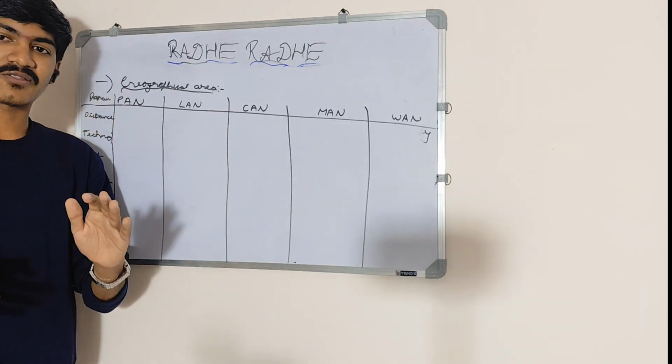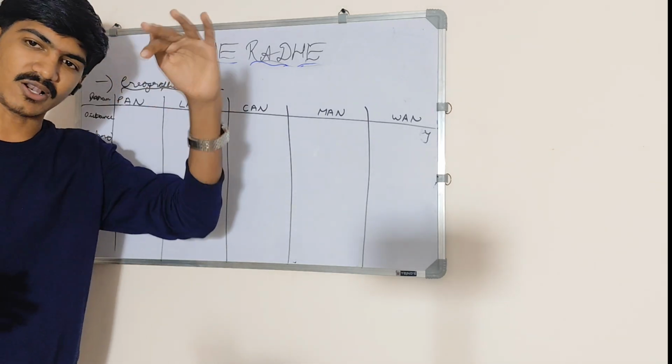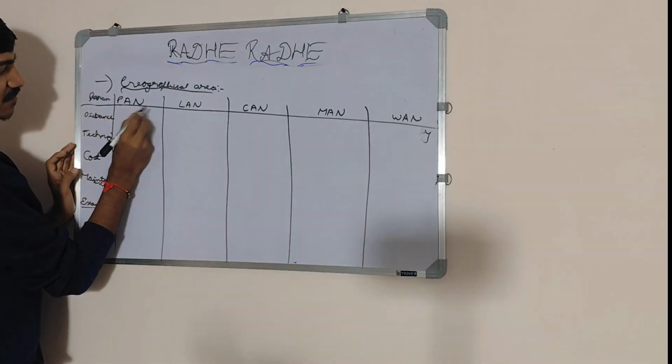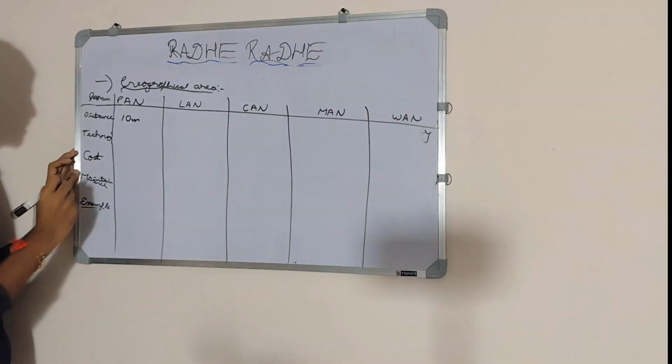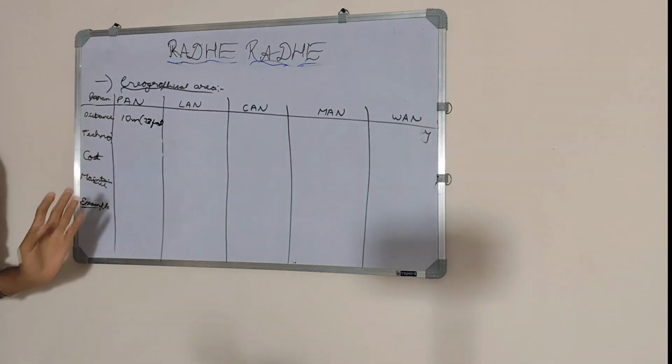Same thing for TV also. Infrared radiations cannot cross walls. The distance of a personal area network will be maximum 10 meters, about 33 feet.